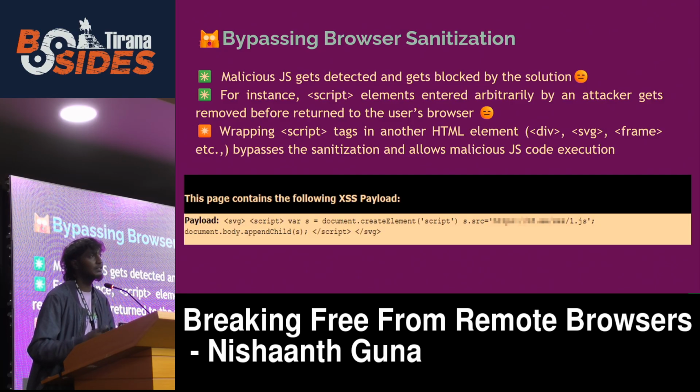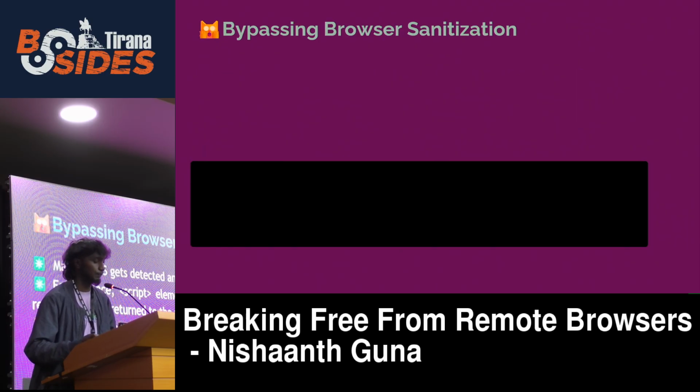But if we embed that specific script alert inside other tags like div or frame or svg, like how it's shown in the screenshot, there is an svg tag and there is the XSS payload basically inside that. So this way, since we are embedding our XSS payload inside an SVG payload, that gets bypassed as well.